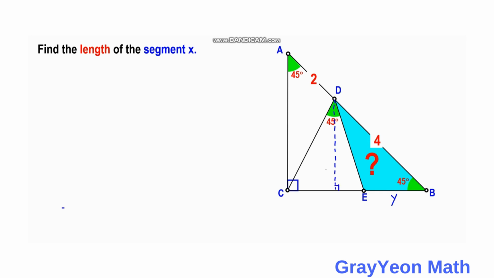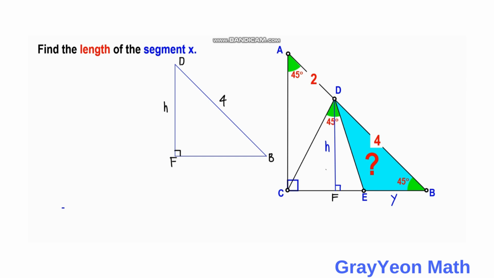So we call this H. We label this perpendicular point F, and we isolate this triangle FDB. So this is D, this is B, and this is F.